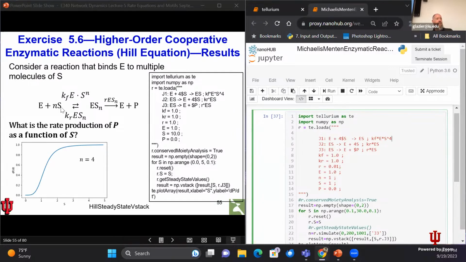So Elmer is asking, why is n and n here the same? And the answer is that I'm assuming mass action binding. And so if I have E plus 5 S, then the rate of reaction is E times S to the 5th.